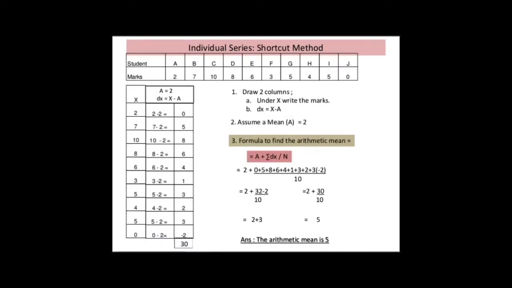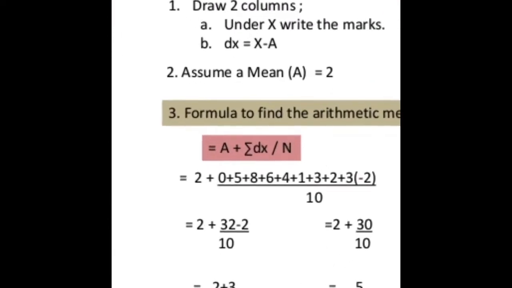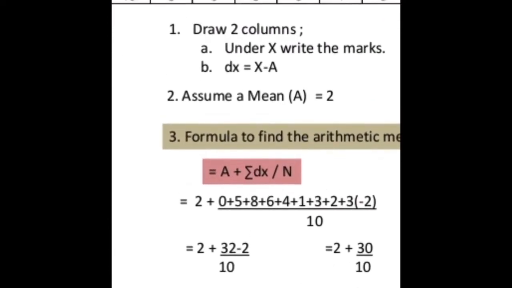Now the same question if we do using shortcut method, the formula that we use in shortcut method is X bar equals A plus sigma dx upon n, where A is assumed mean, sigma dx is deviation from the values of x, and n is the number of values.